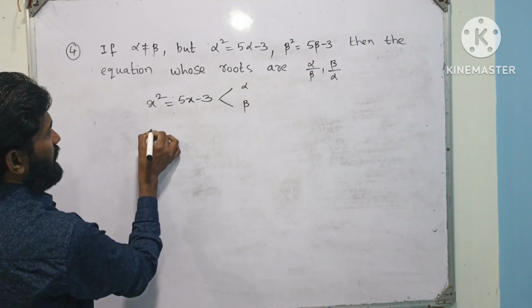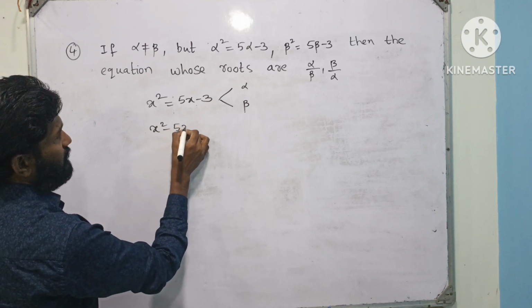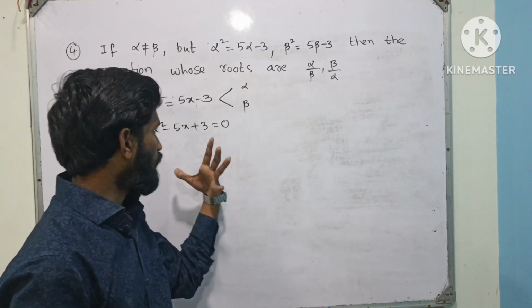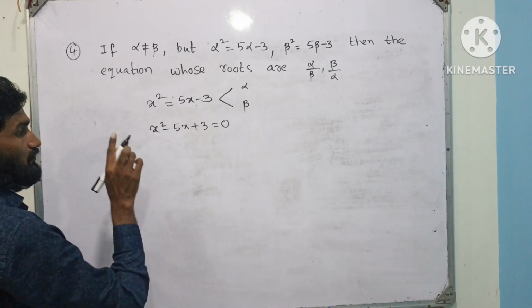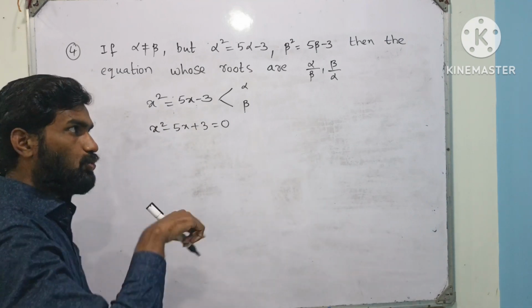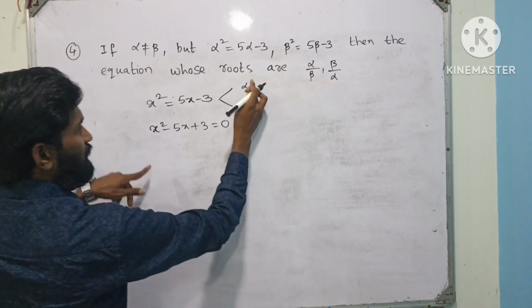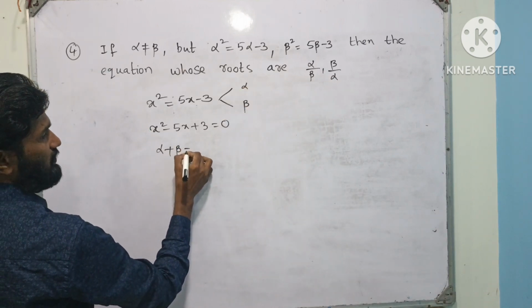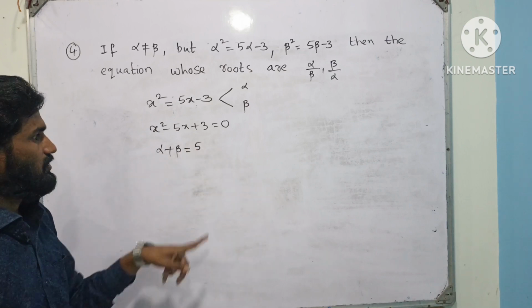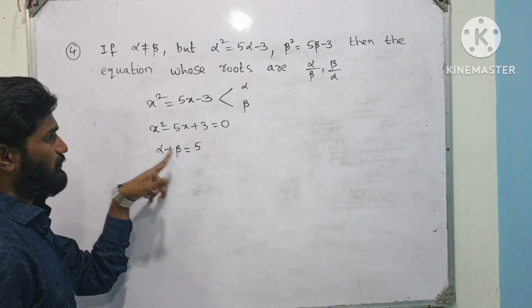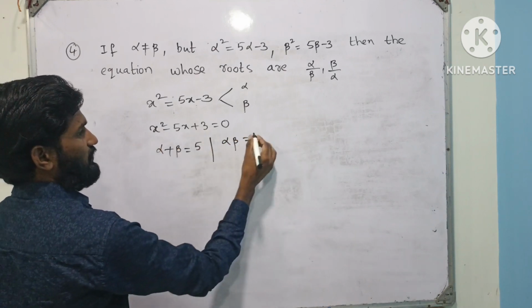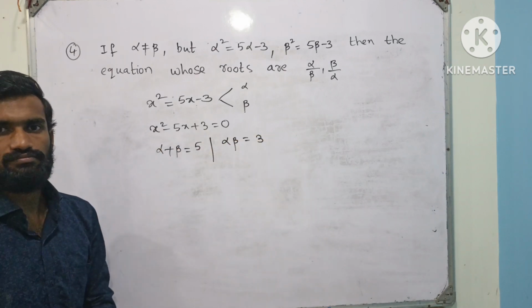From this we can write x square minus 5x plus 3 is equals to 0. Yes sir. Now we found an equation. We need to find the equation whose roots are these two. If alpha comma beta are the roots of this equation, then what is alpha plus beta from this? It is nothing but 5, minus b by a means it is 5. And product of roots alpha beta is c by a, 3 by 1, which is nothing but 3.